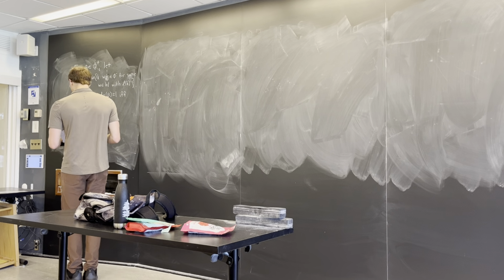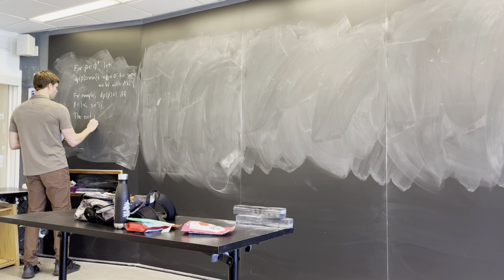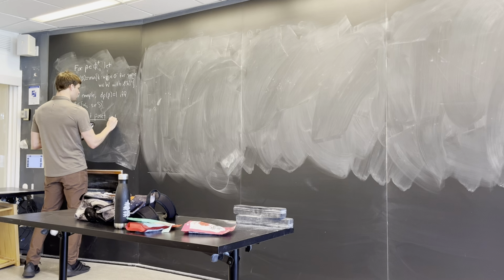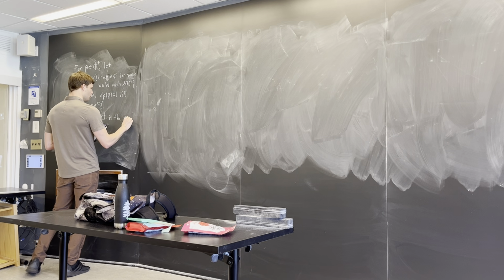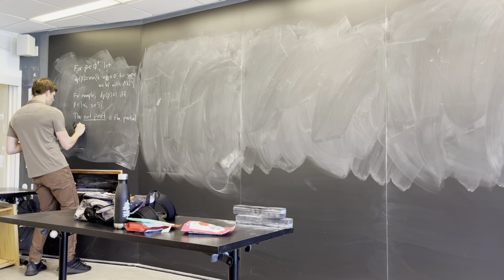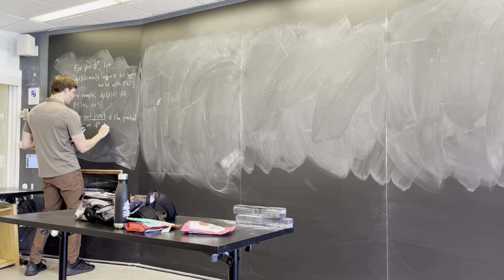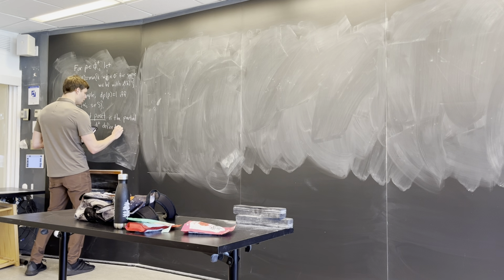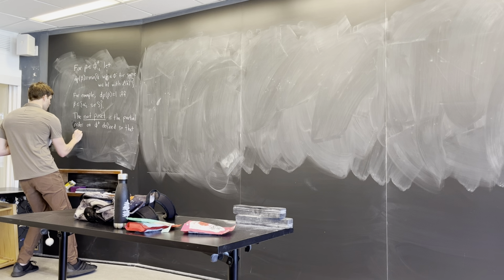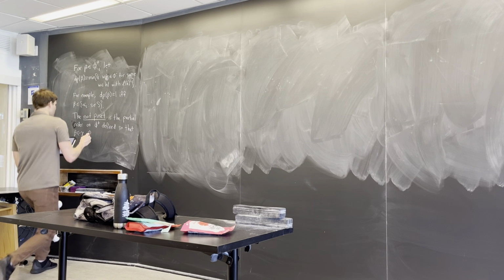So we can define yet another poset. This is called the root poset. It is the partial order on the set of positive roots, and it's defined so that a positive root beta is covered by a positive root gamma if the depth of gamma is the depth of beta plus 1.